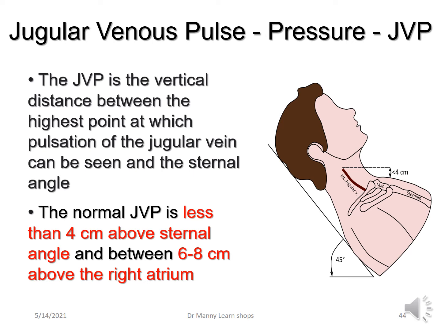It's a venous pulse. So you can only really observe it, and typically it can be observed at the sternal angle. Now, the normal JVP is typically less than 3 to 4 centimeters above the sternal angle, and then it can be correlated to the atrium, which is about 6 to 8 centimeters above the right atrium.